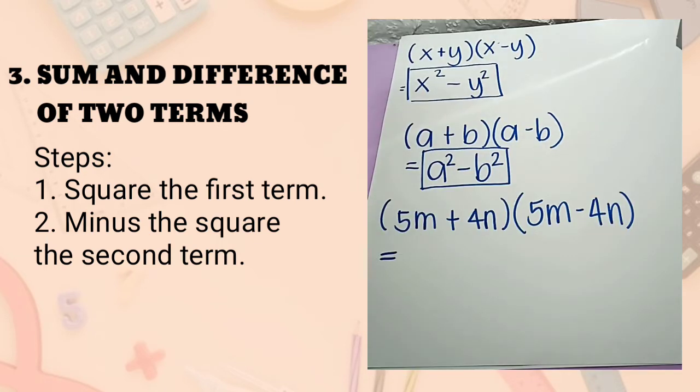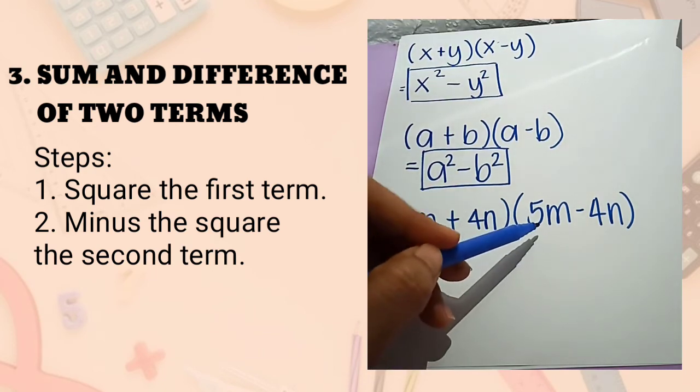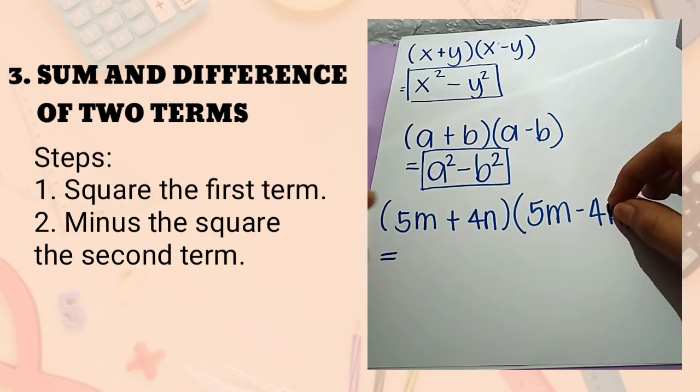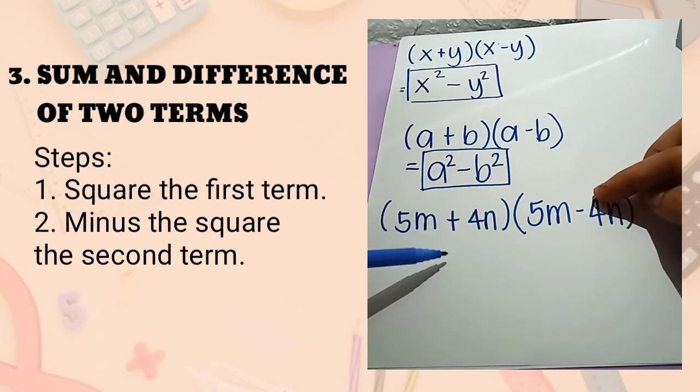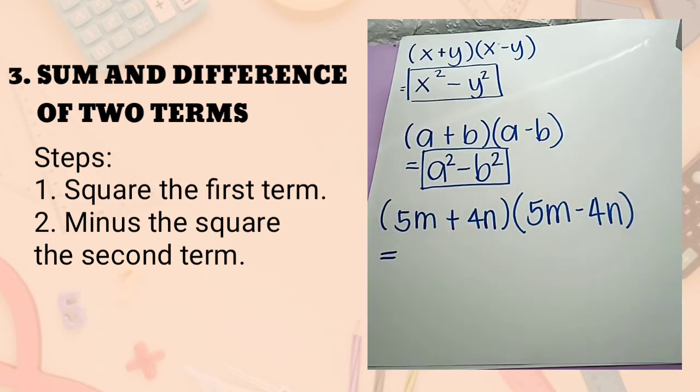Okay, so let's have another example again. So, the given is the quantity of 5m plus 4n times the quantity of 5m minus 4n. So, kung mapapansin ninyo, may magkaiba ulit silang sign pero magkaparehas ang kanilang mga variables. Okay? So, ang gagawin natin ay sum and difference of two terms. Kaya, sa una na step ay square natin yung first term.